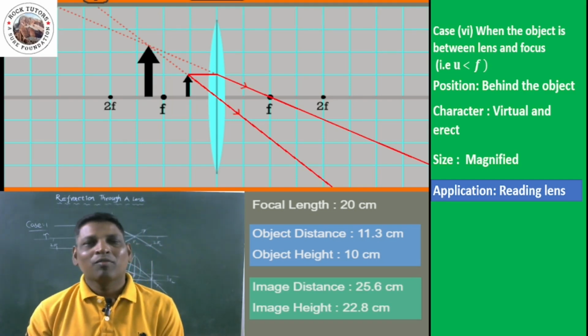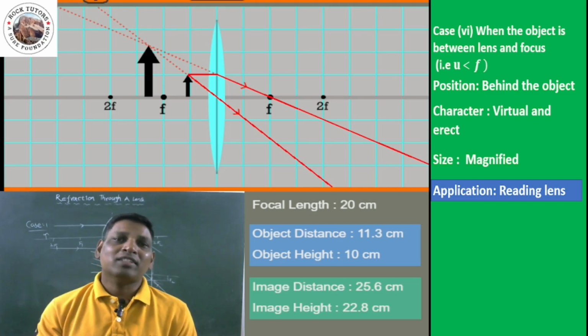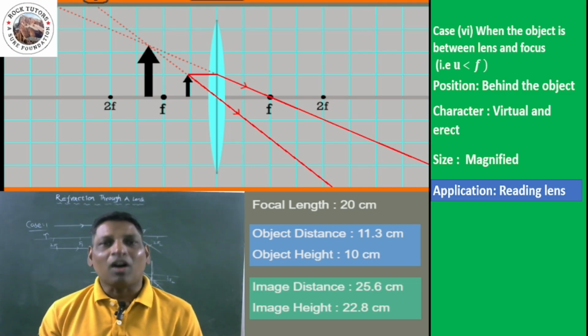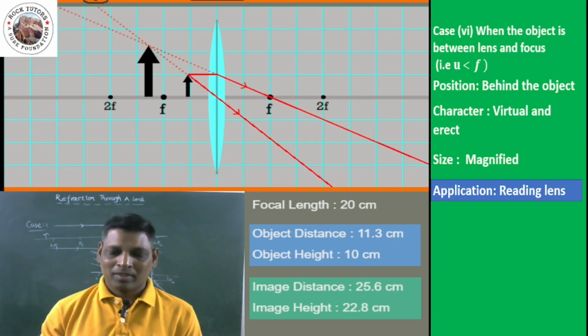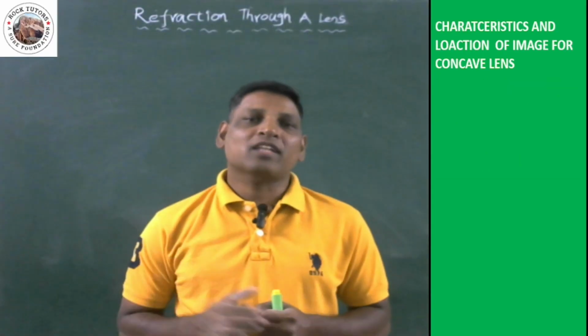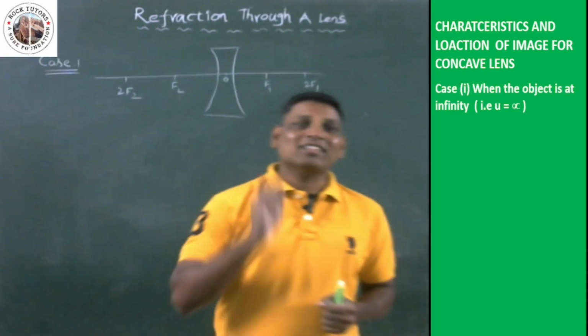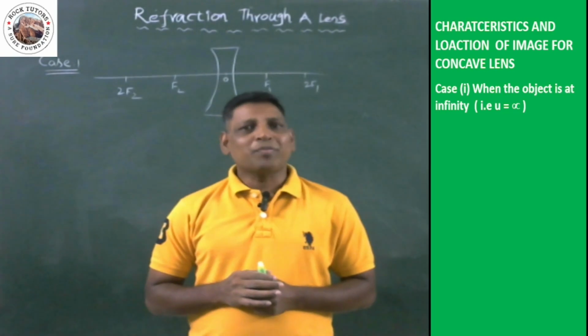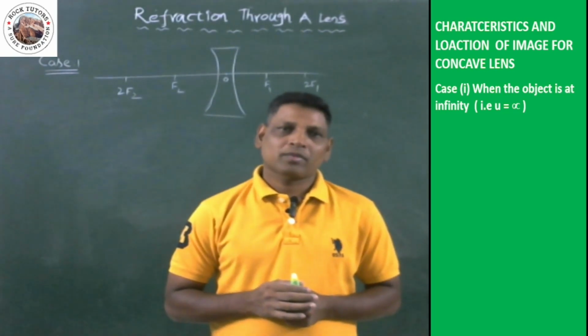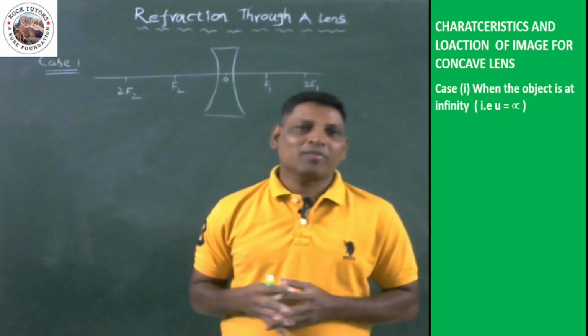Now we will see images formed by the concave lens: characteristics and location of images of a concave lens. Case 1: when the object is at infinity, how will the image be formed?